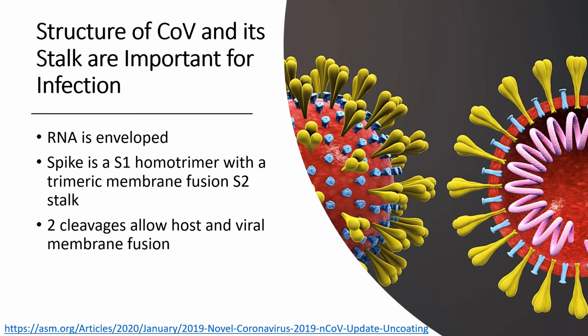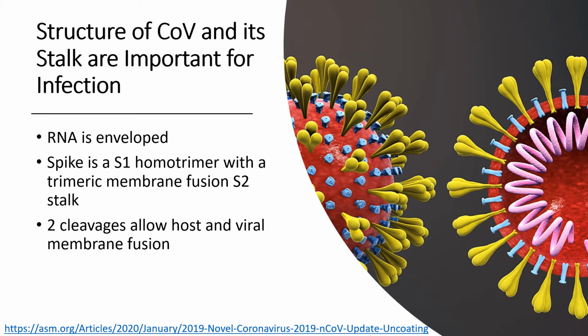The blue is the hemagglutinin esterase dimer, but what I want to focus on, and what this article focuses on, is the yellow portion. The yellow is the envelope-anchored spike that guides entry into the host cells. The spike is a homotrimer with 3 receptor-binding S1 units, which is why you can see 3 protrusions out of each spike.